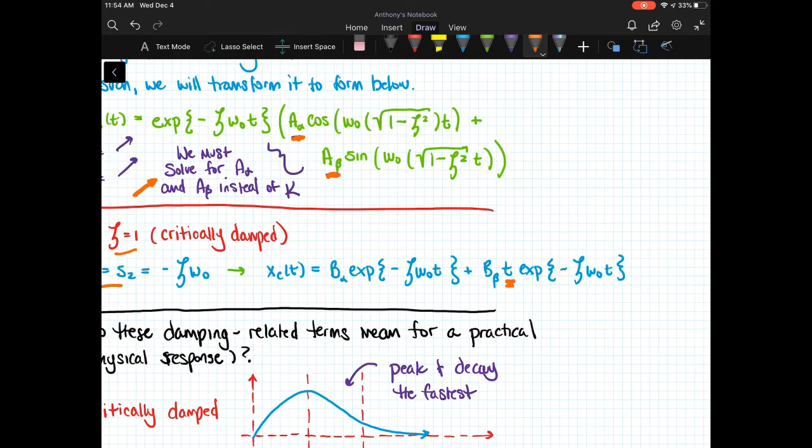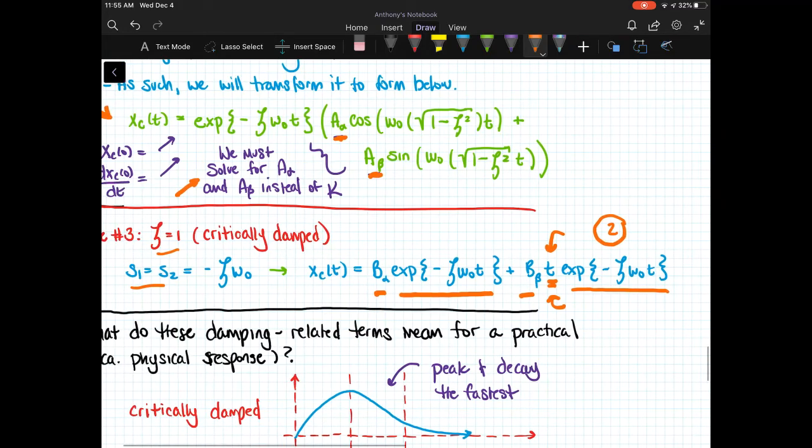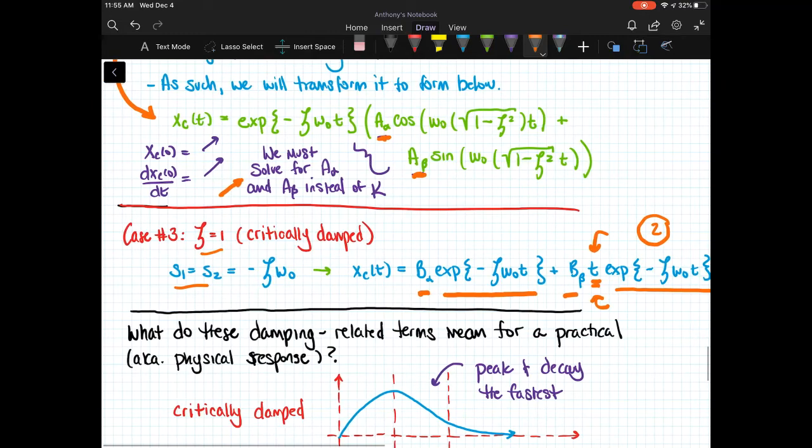But without going into details, the solution to this problem is to create a second term which adds a coefficient of t. So what we have is B alpha e to the negative s1t, B beta e to the negative s1t times this additional t. And what that does is this provides us two separate terms, and a second order response to the second order problem.